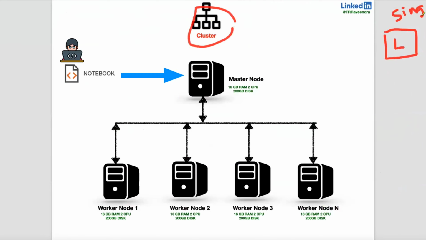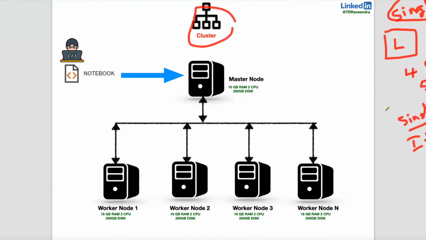A laptop or a desktop, we call it a single node cluster. That single node will have some RAM, maybe 4 GB, some 2 CPUs, maybe 500 GB disk. It's like your single system, we can treat it as a single home, or an individual house.